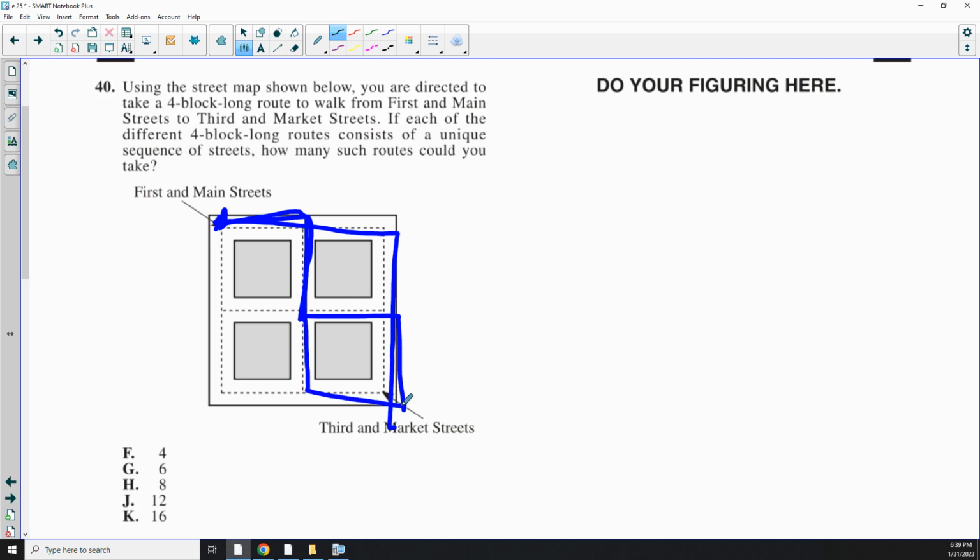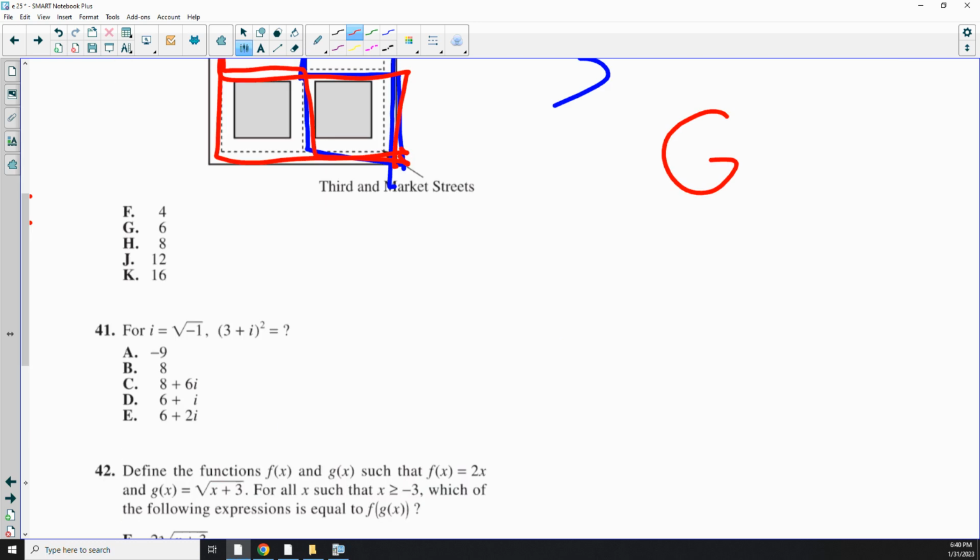So there's only 3 ways going to the right. Well, guess what? There are 3 more ways going down. 1. Can't do that again. 2, 3. So the answer is 6 ways. Again, you can't circle back on me.